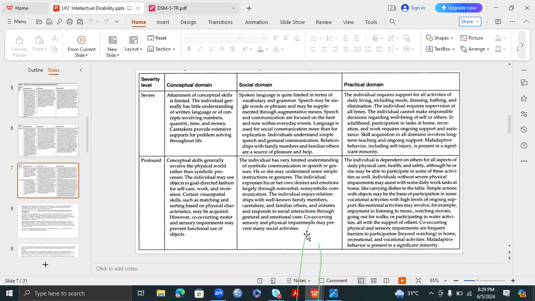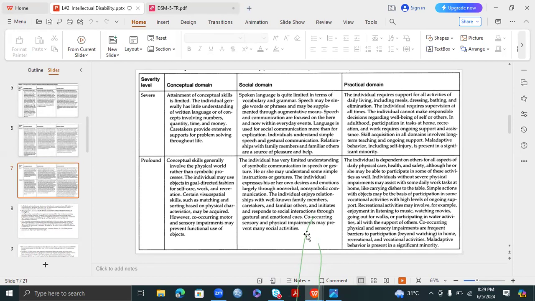Their goal directed fashion for self-care and recreation is towards using some kind of objects to point out and communicate about the source or the need they require right now. Then if we are talking about the social domain, the individual has very limited understanding of symbolic communication. We have talked about this at the severe level, where they have some knowledge of symbolic communication, although a very limited level of spoken language.